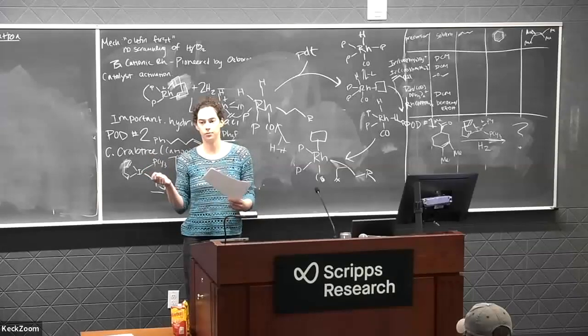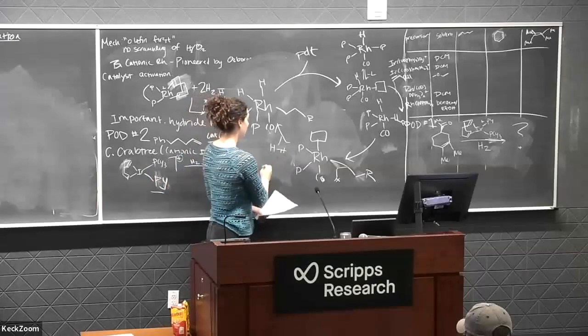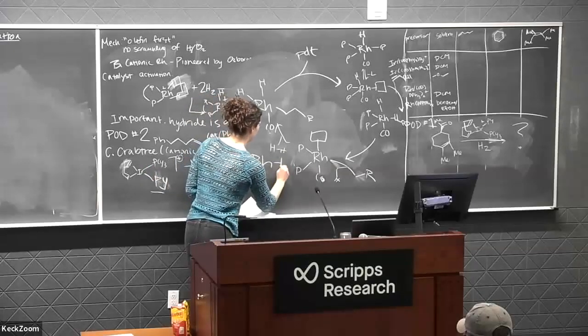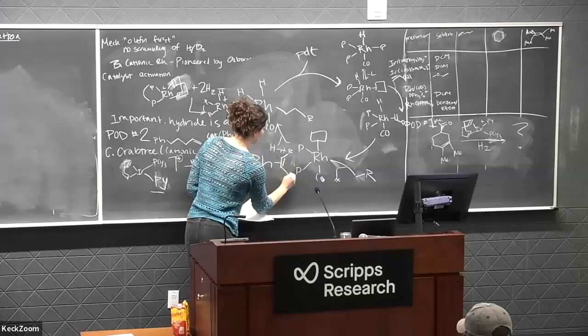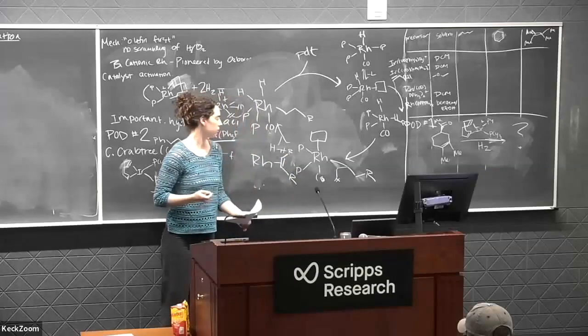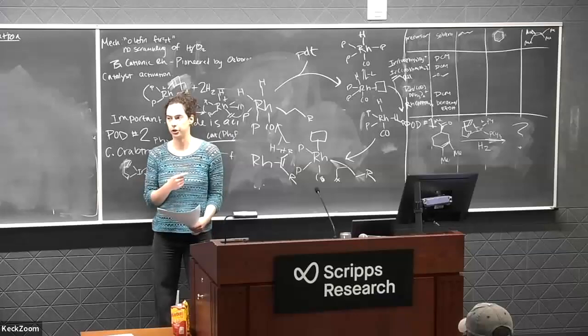So then you would form a rhodium internal alkene, which is an off cycle pathway for this particular catalyst.